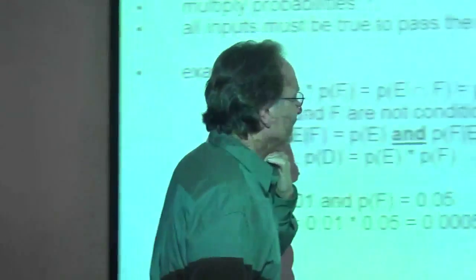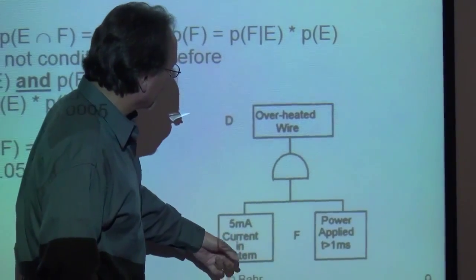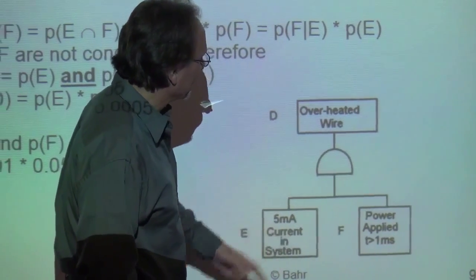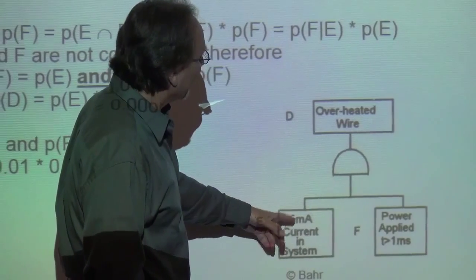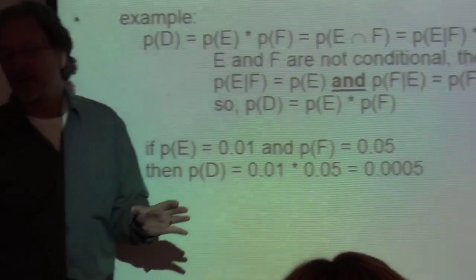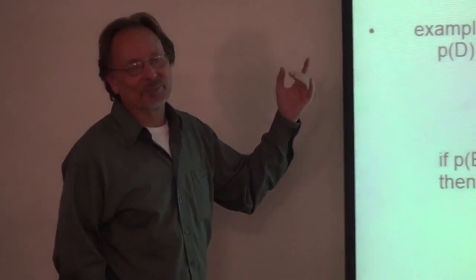And if you have probabilities for your basic events, and these aren't basic events, but these are things that probably shouldn't have happened. I copied those out of Barr, and they're not. That's the one thing that's a little irritating about all of the references, that they define these symbols, but then they don't always conform to them.